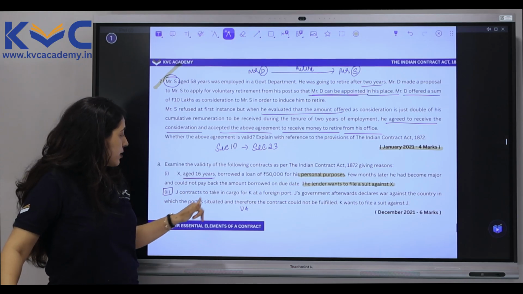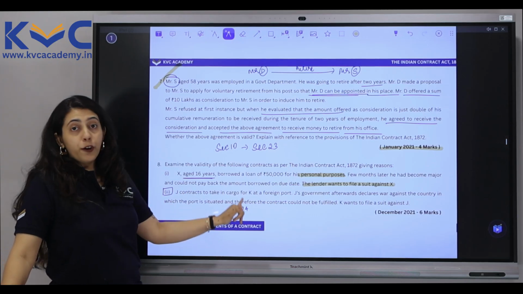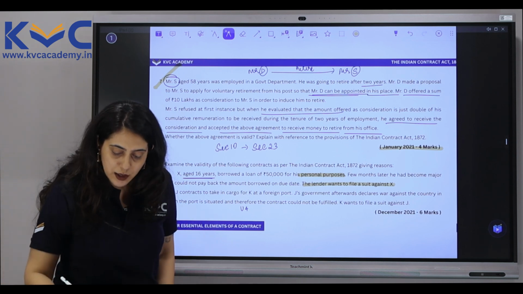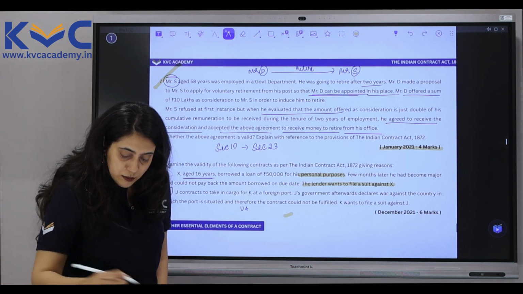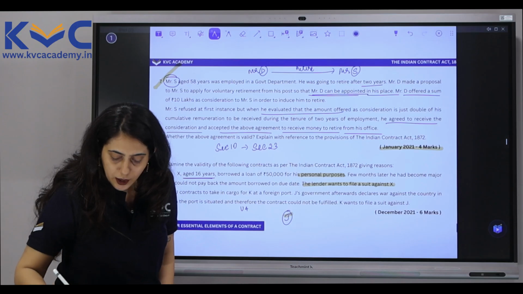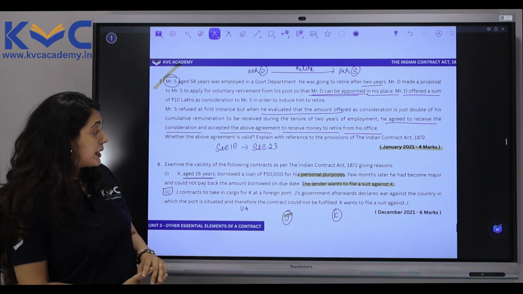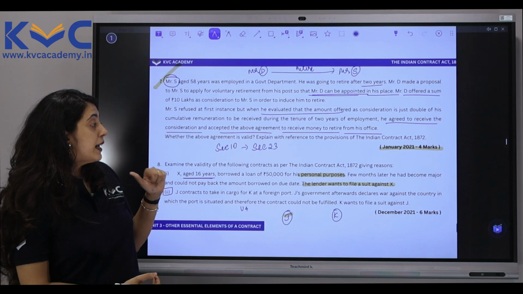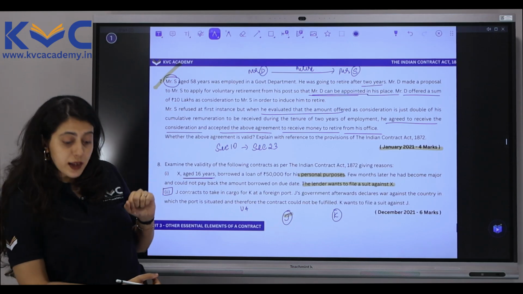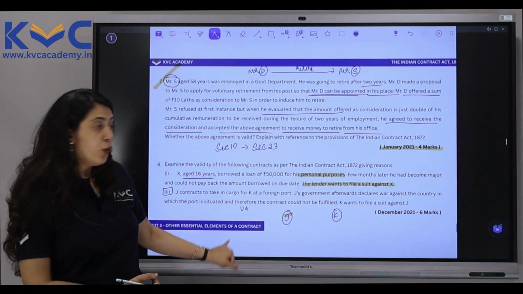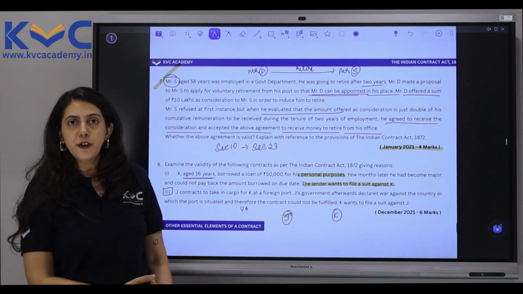J contracts to take in a cargo for K at a foreign port. So the contract is between J and K. J's government afterwards declares a war against the country in which the port is situated, and therefore the contract could not be fulfilled.